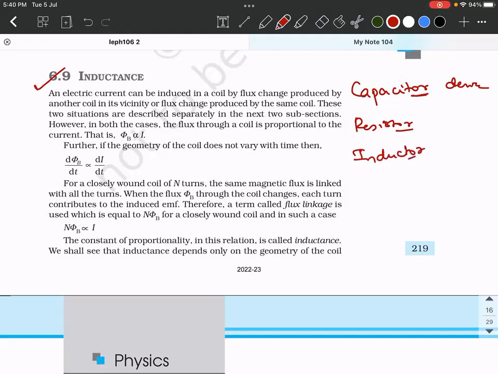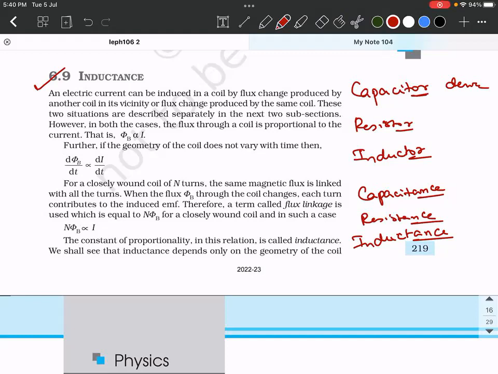Similarly, inductor is also a device. Then what are the properties? Capacitance, ending with ANCE, is a property. Resistance is a property. Similarly, you have inductance also. So what this inductance has to tell us, we'll see slowly.